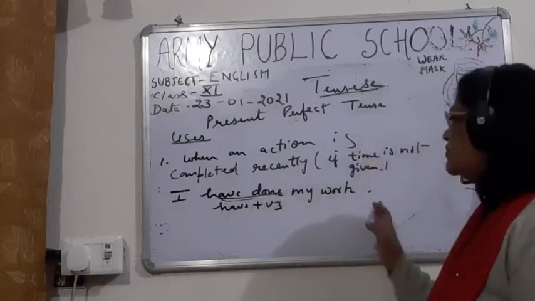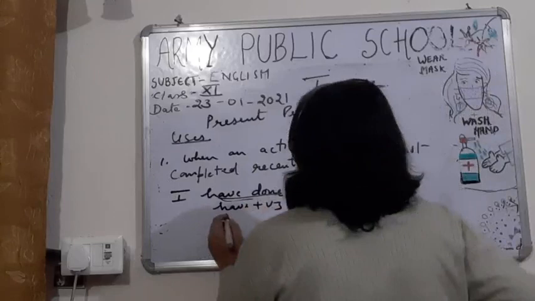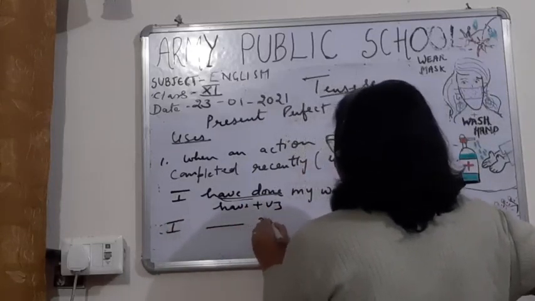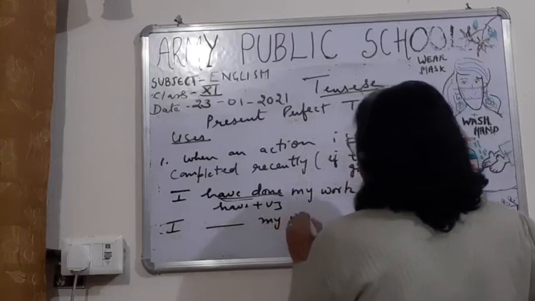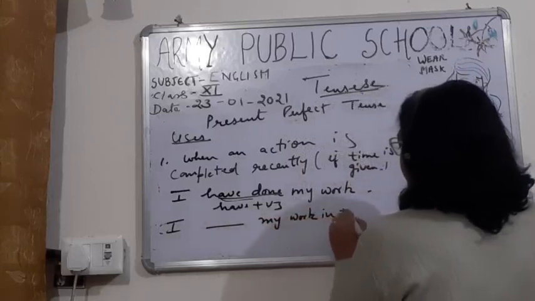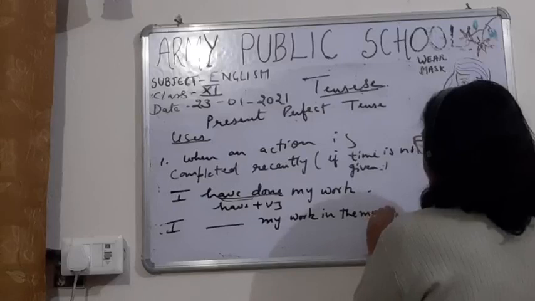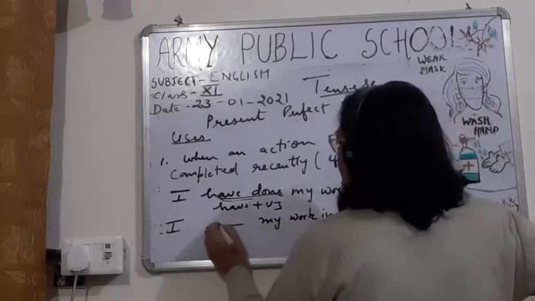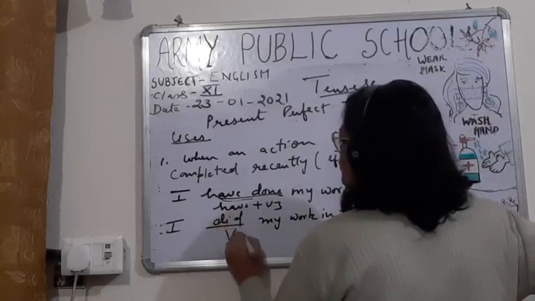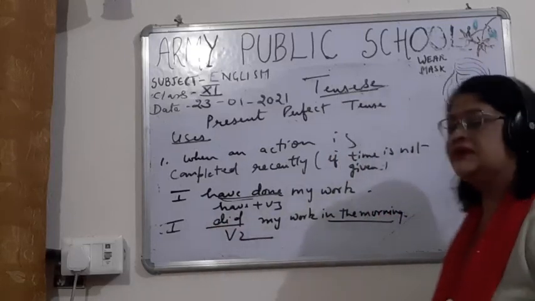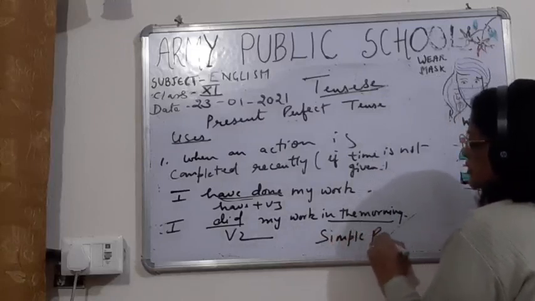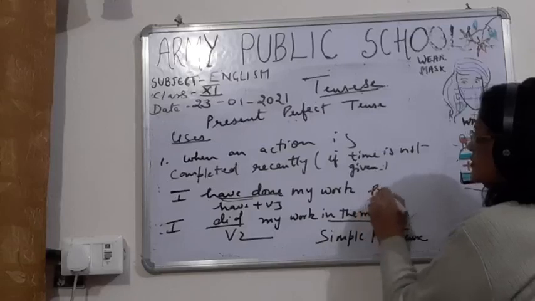Now if time is given, like I did my work in the morning. Now children, here the time is given. What is the time here? In the morning. So here I did my work. Then V2 will be there and this will be in simple past tense. And this will be in the present perfect tense.